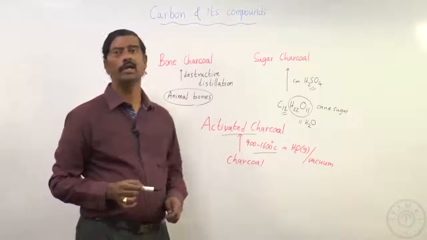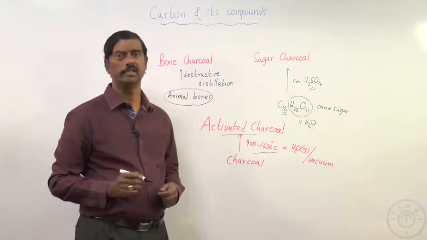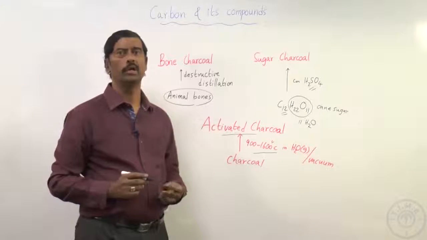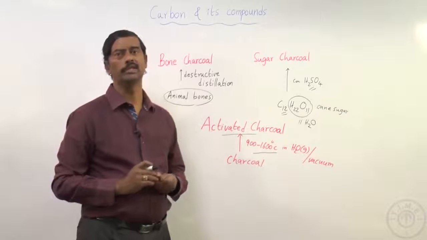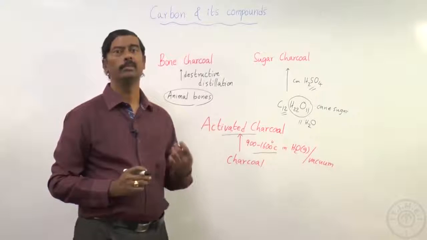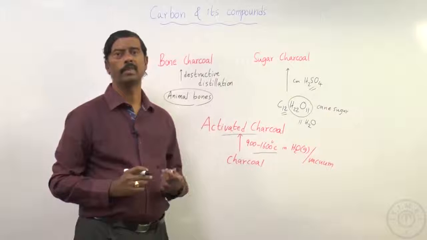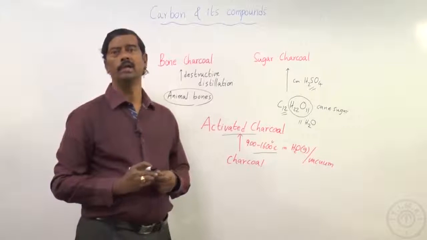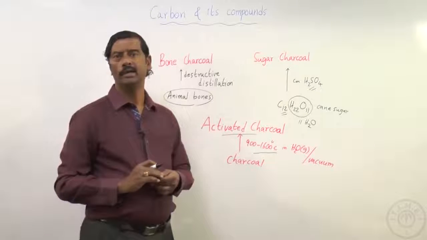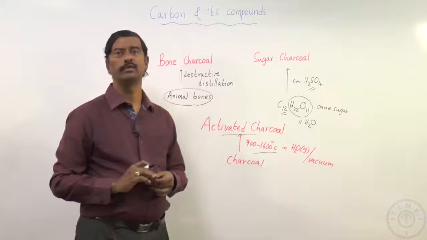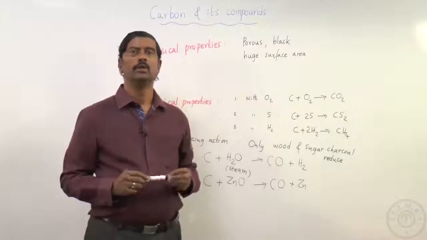Activated charcoal is an excellent adsorber of substances, and the efficiency of charcoal in adsorbing things is improved by making the pores much better, and this is done by heating it to a high temperature in vacuum or in an atmosphere of water vapor.